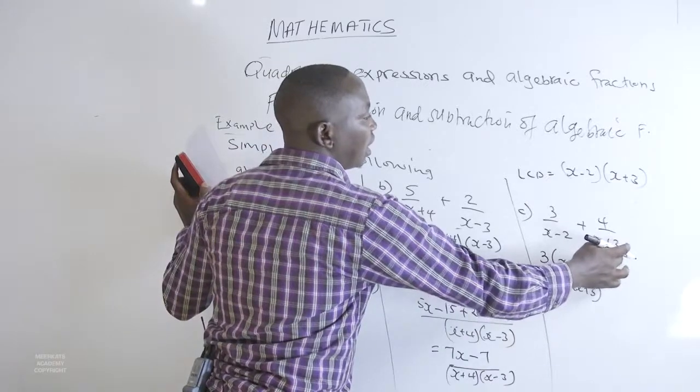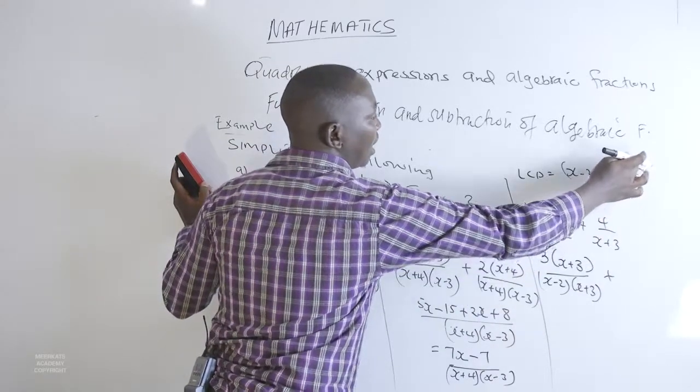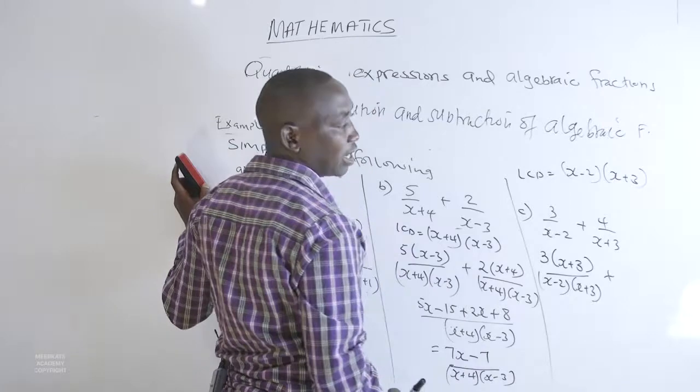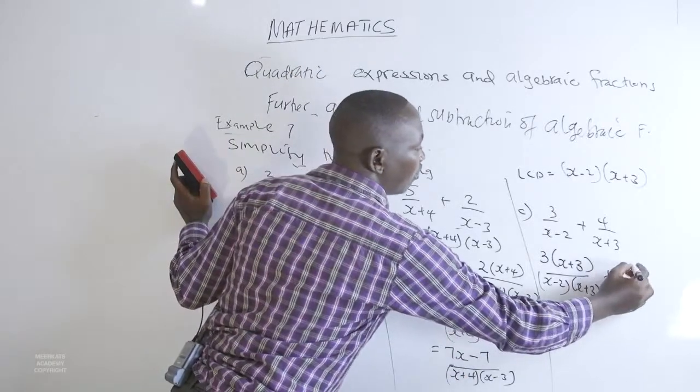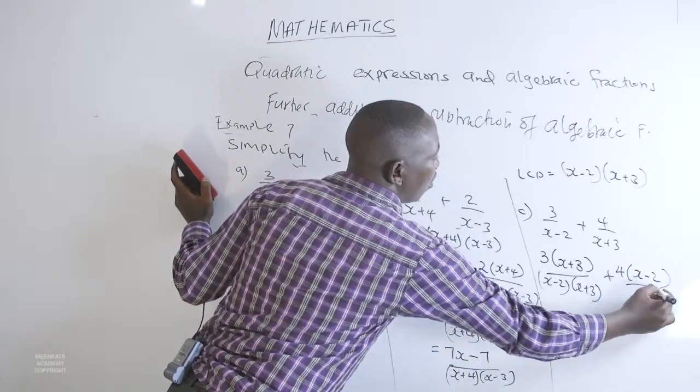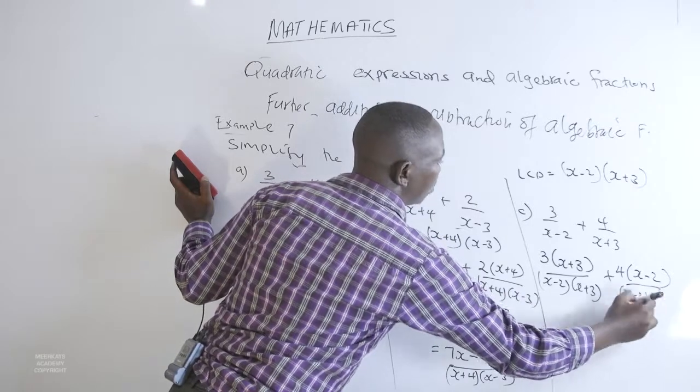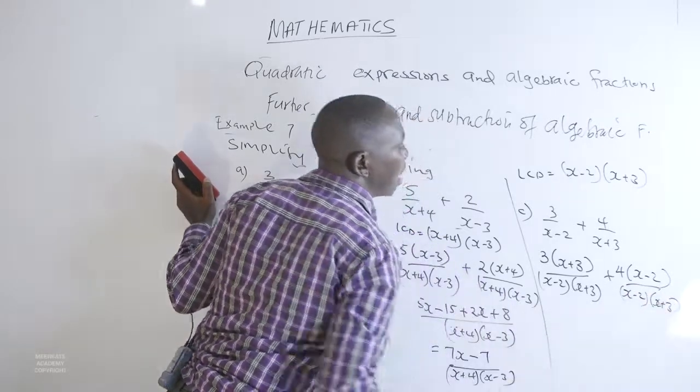Now x plus 3 goes into x minus 2, x plus 3. It cancels off with this, leaving us with x minus 2. And that means we're going to have 4 into x minus 2 over x minus 2, x plus 3.